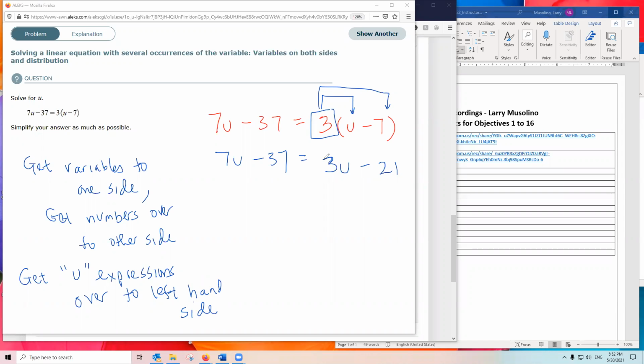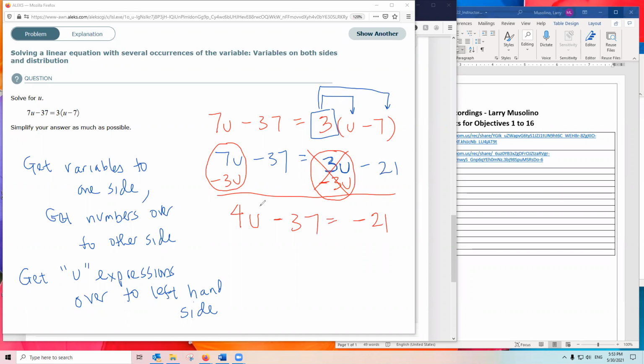Well, that means I want to get rid of this 3u from the right-hand side. Well, to cancel that out, I'll subtract 3u. But I have to do that to both sides of the equation. So adding 3u, subtracting 3u cancels out. 7u minus 3u, these are like terms. When I do that subtraction, I get 4u.